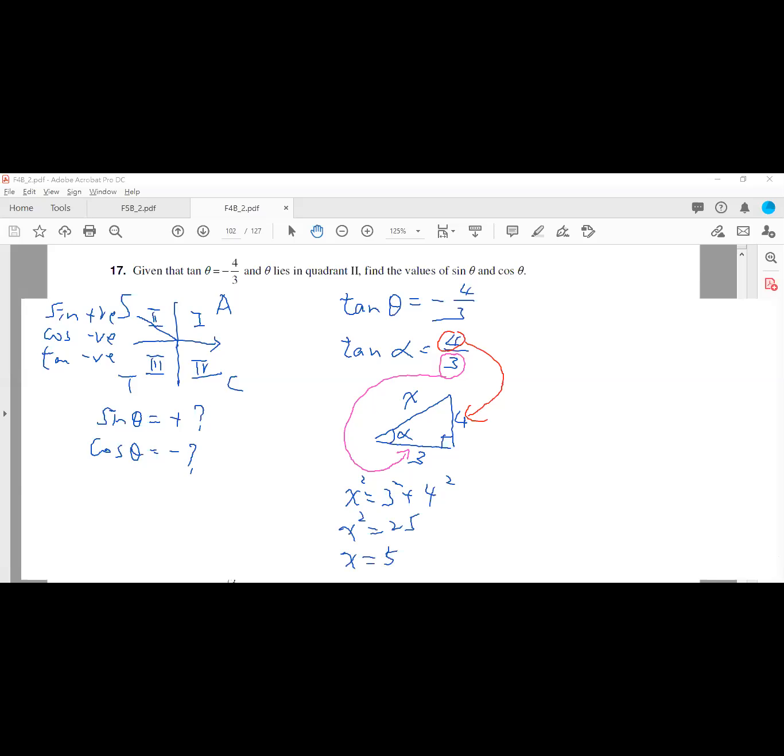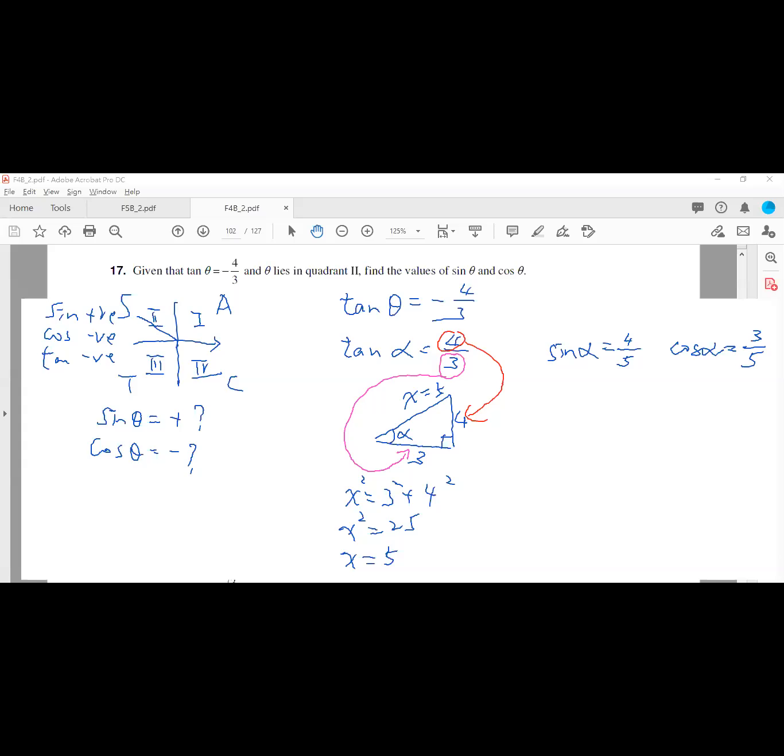Okay, so now we know that x is equal to 5. And then we can find sine alpha and cosine alpha first. From this triangle, sine alpha is equal to opposite side over hypotenuse. And then cosine alpha is equal to adjacent side over hypotenuse.